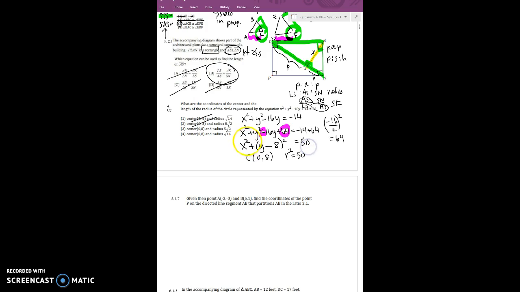This is r squared. A squared plus b squared equals c squared. So r is the square root of 50. I can either break that down, or understand that 5 radical 2, if I plug it in my calculator, has the same value as the square root of 50.